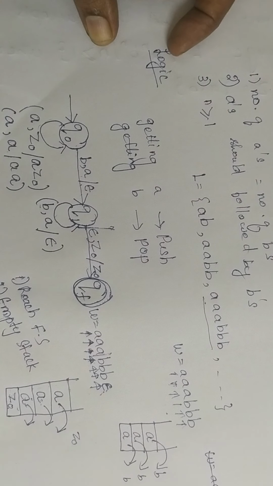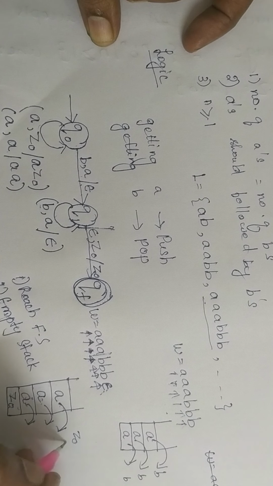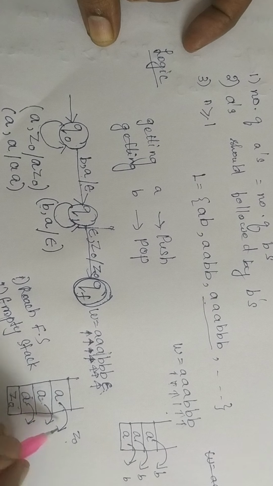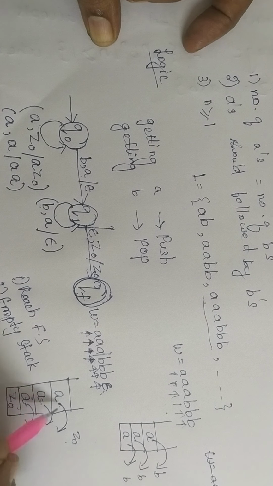So how can we accept a string by emptying the stack? You listen here. Consider that we have completed reading all the symbols A, B, B, B, and Z0 will be on the top of our stack, right?